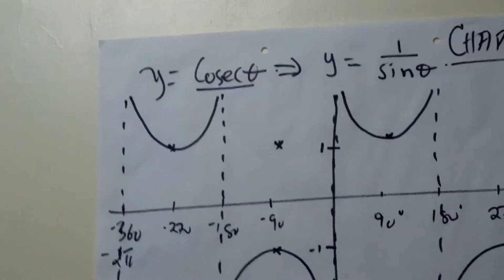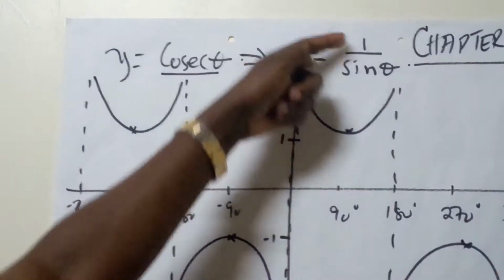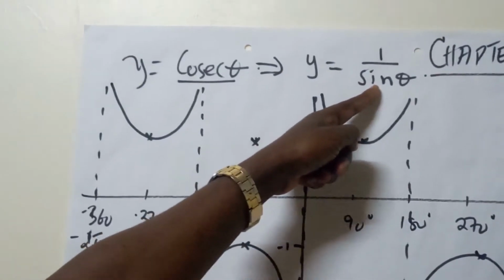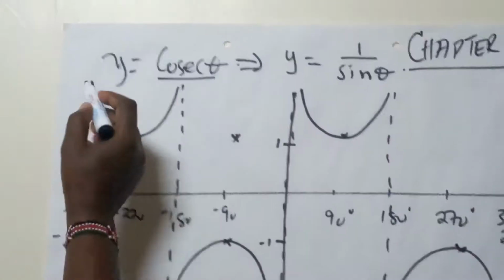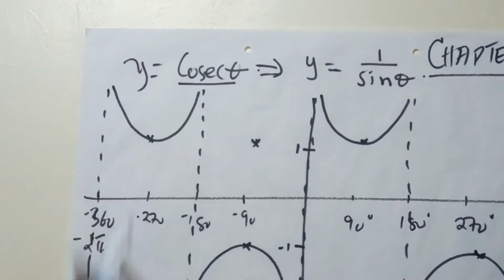When you now have 1 over 0.017, 1 divided by a small positive number gives you a very big positive number. So it is headed to the positive.